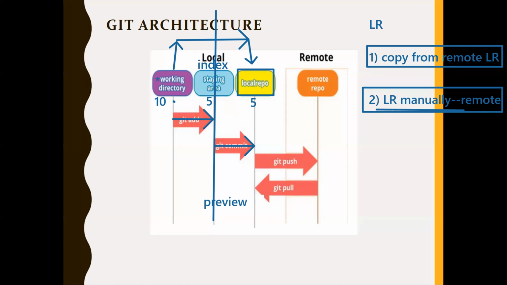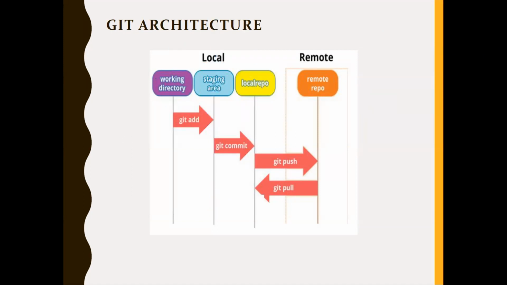If everyone is clear with this, I would like to talk about another interesting part here. I was saying these are all different directories, right? Let me tell you an interesting part.